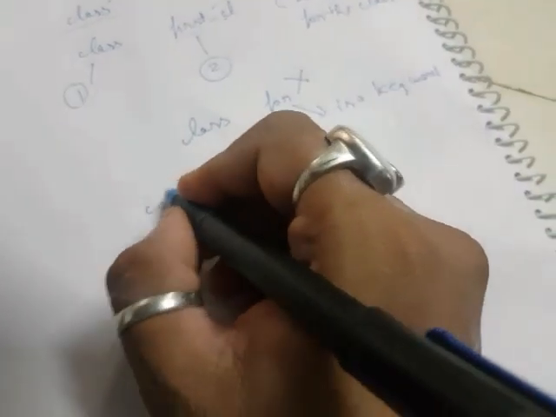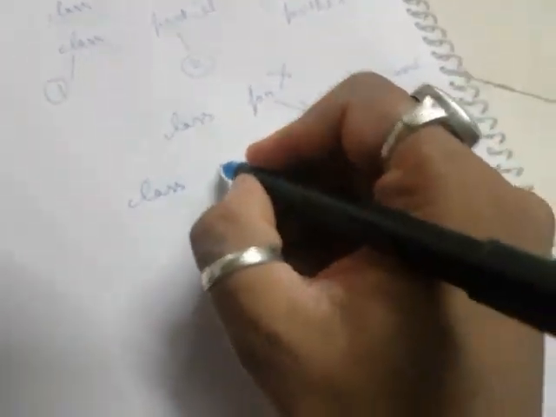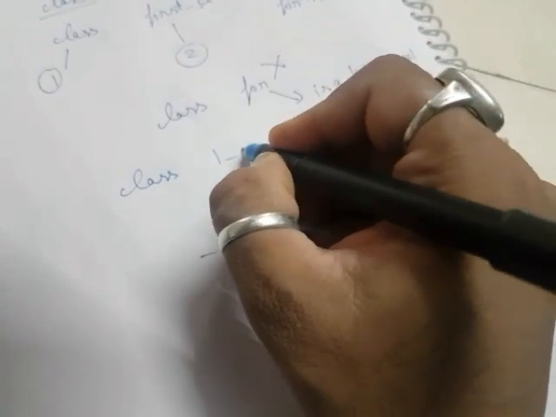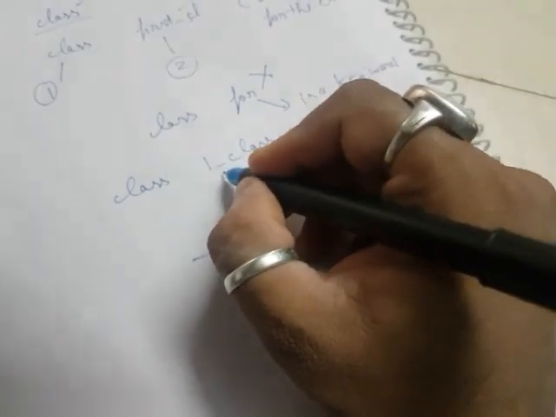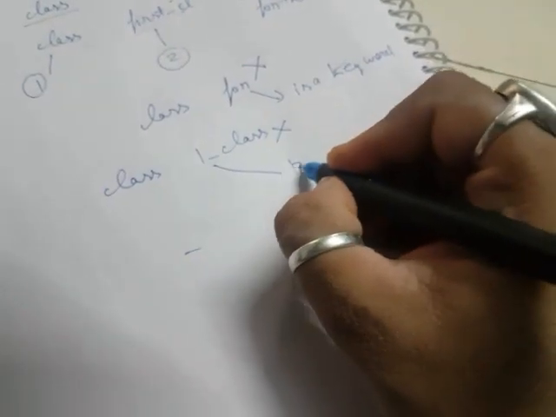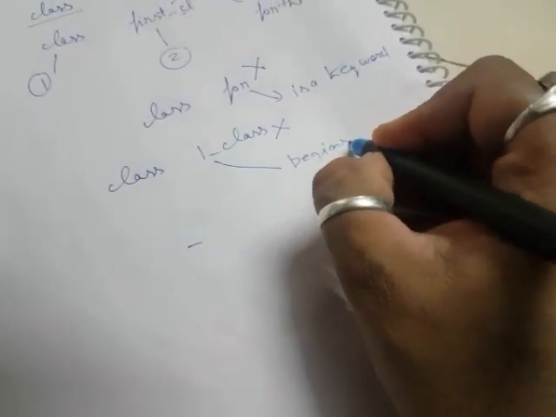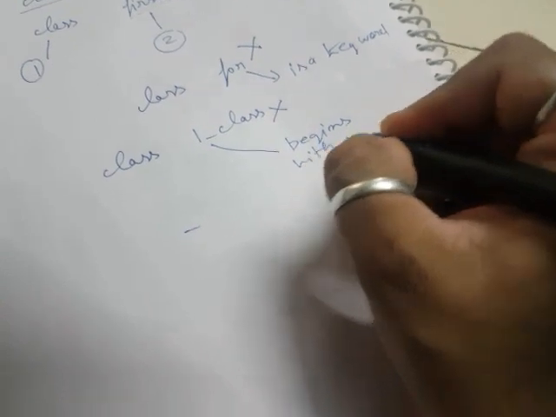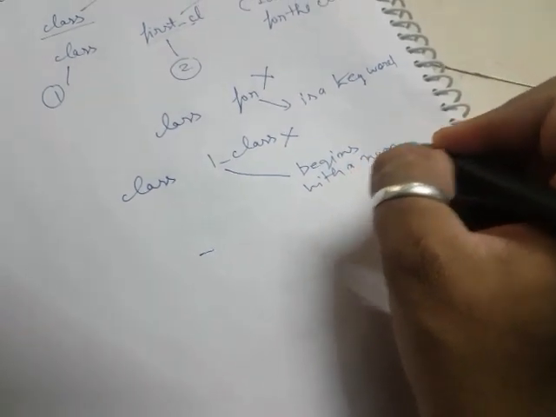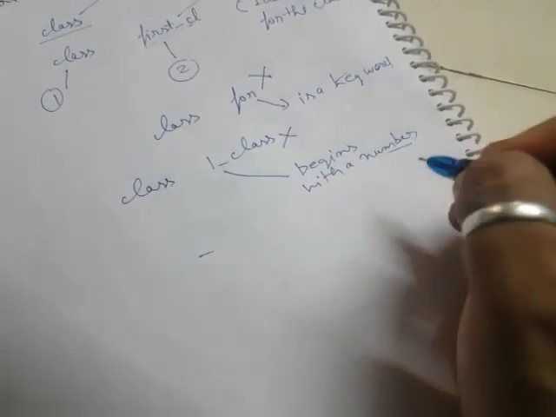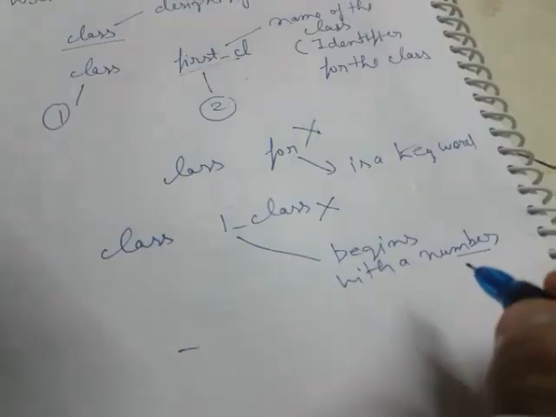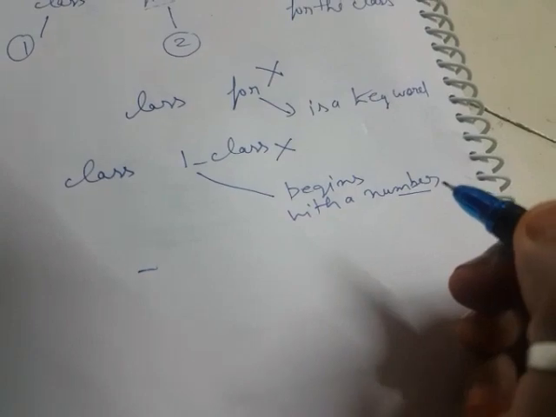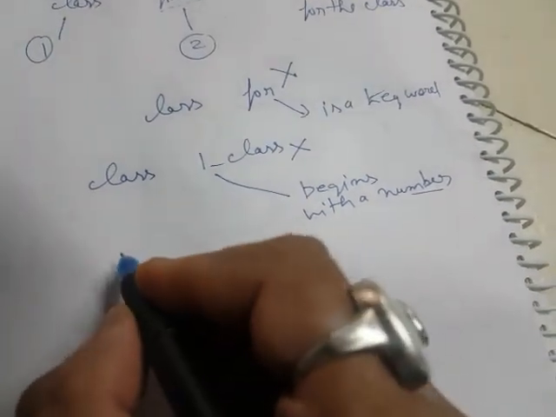Now suppose I write class 1class. This is also wrong, because it begins with a number. So an identifier must not be a keyword, and it must not begin with a number.